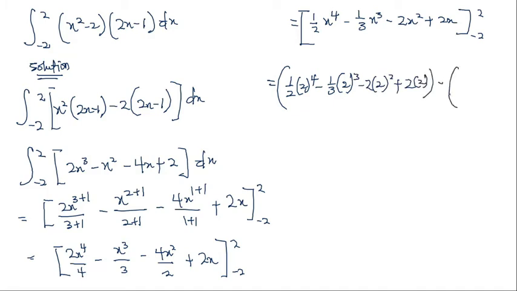Then minus, I now substitute -2, so it will be half -2 raised to the power 4, minus 1 over 3, -2 cubed, minus 2 into -2 squared, plus 2 into -2.